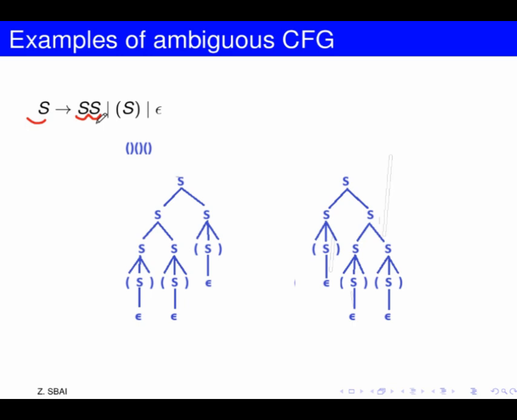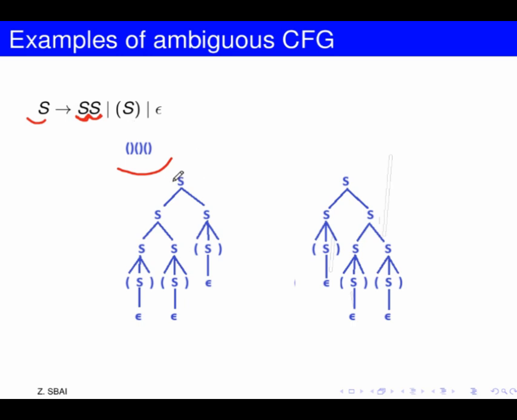We will think about this and try to find a string that is ambiguous. For example here, left right parenthesis, left right and left right parenthesis again. We may think of this double S that may lead to triple S.